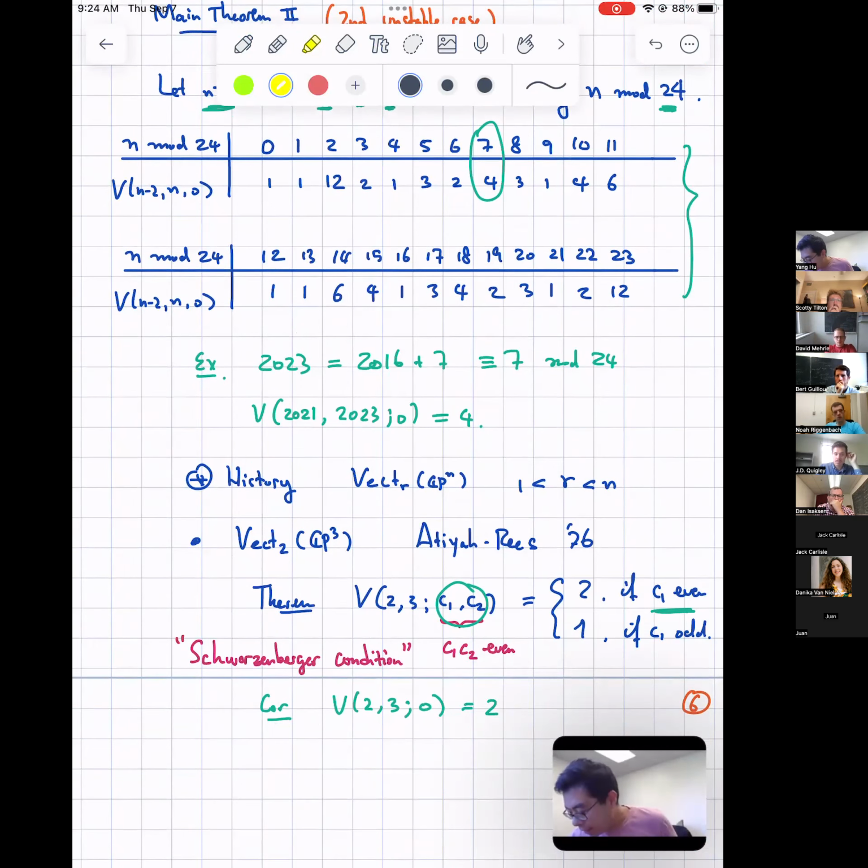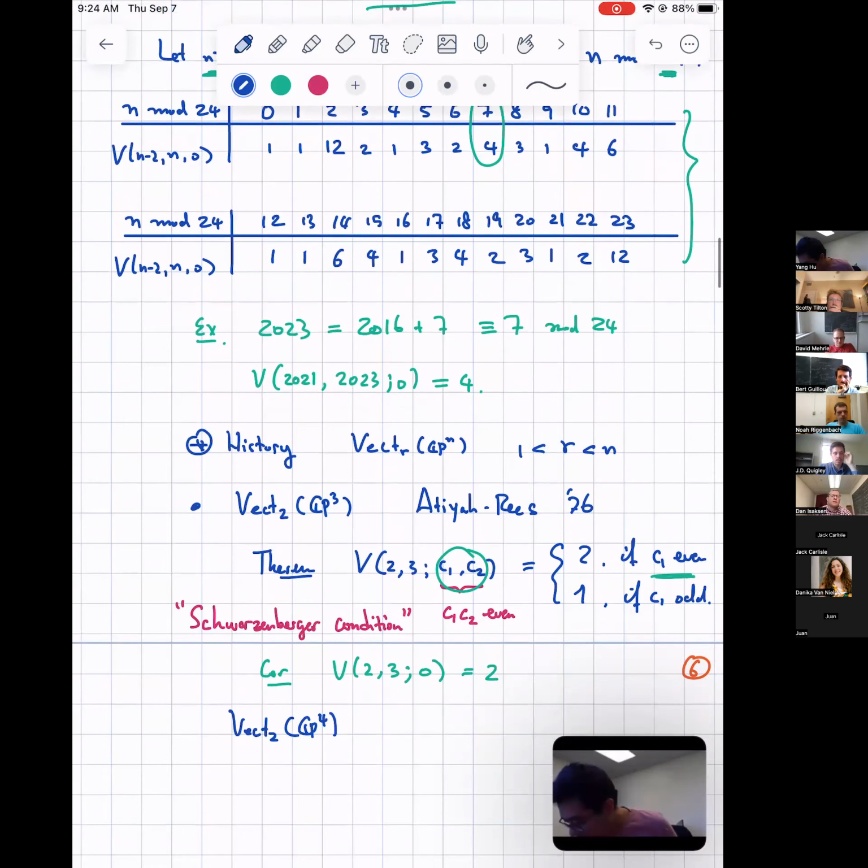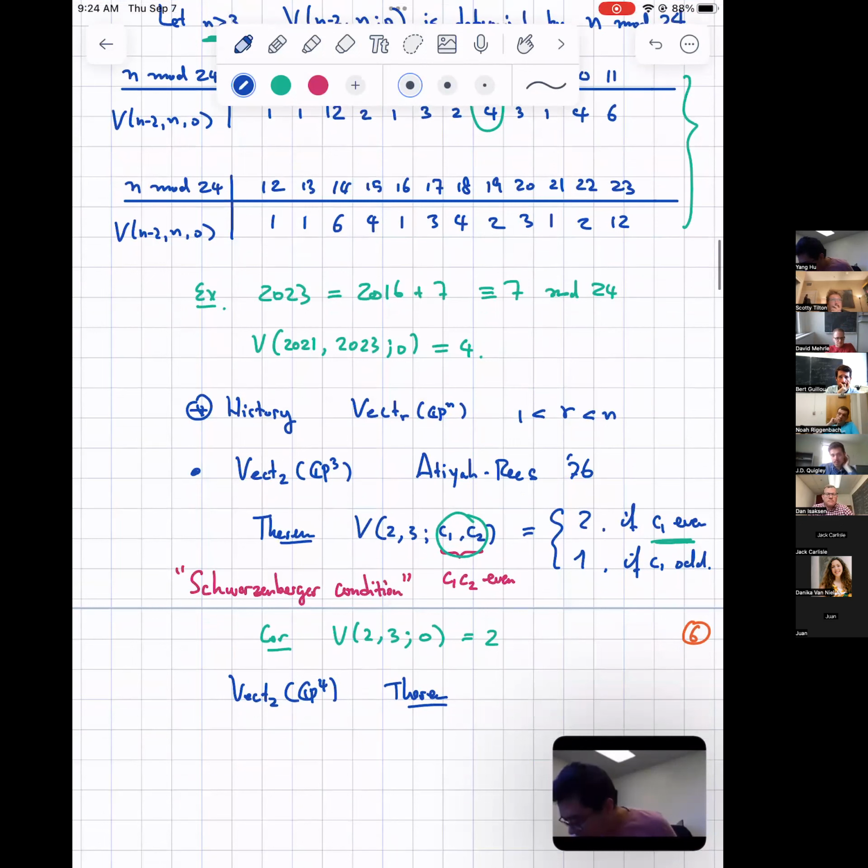And in the same paper, Atiyah–Rees also give a classification of rank 2 bundles over CP^4. And in particular, there's the Chern enumeration result. So for rank 2 bundles V over CP^4 with given allowable c1, c2, that is always 1.